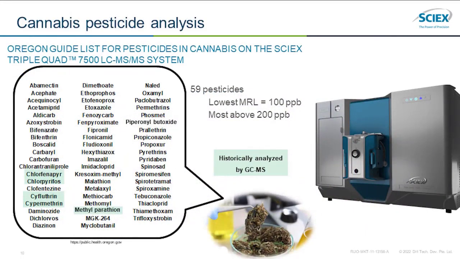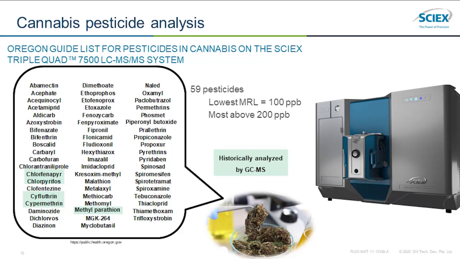So for this example in this presentation, I'm going to be talking specifically about the Oregon list. This list is composed of 59 pesticides, with really 5 of them being traditionally thought of as GCMS compounds. We're going to do this all by LCMS. So for those GCMS compounds, we're going to be using a technique called APCI.